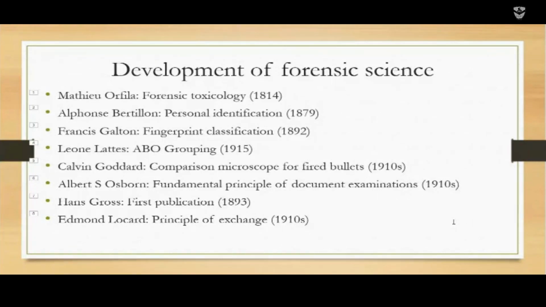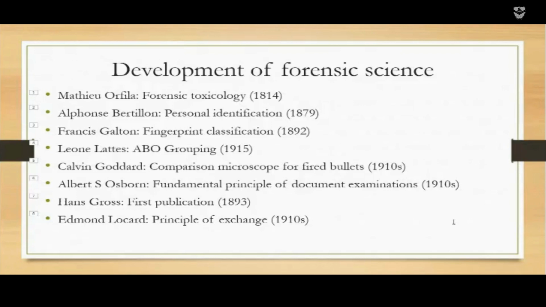He came up with a test fired bullet and used a comparison microscope where you could put two samples, one as his test fire, fired as a standard for comparison, and another one collected from the crime scene. Even now, in this most advanced stage of forensic science, the comparison microscope is an indispensable tool.